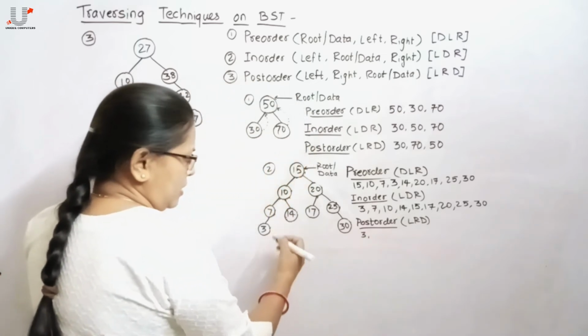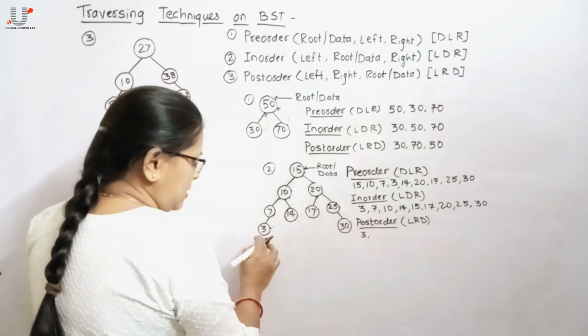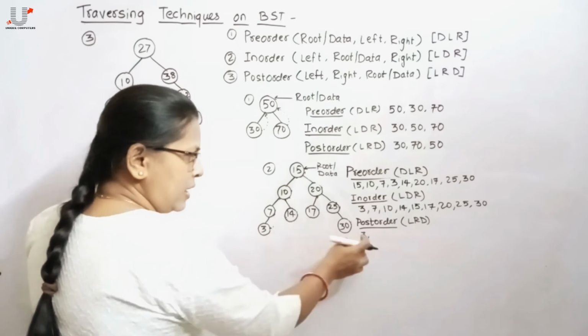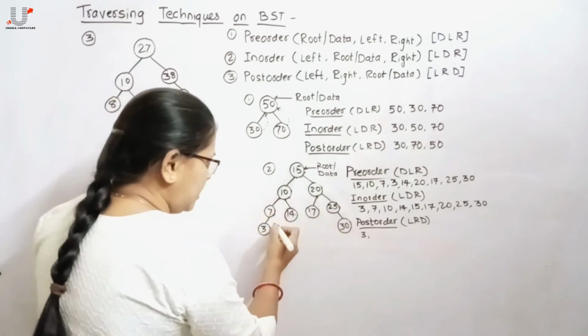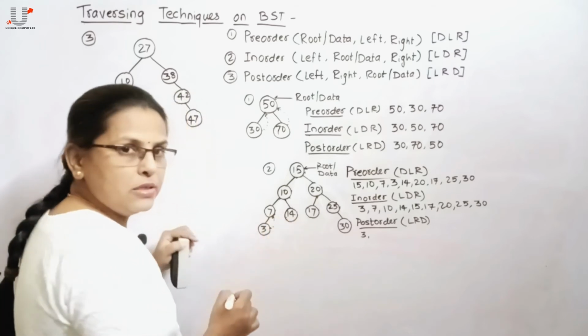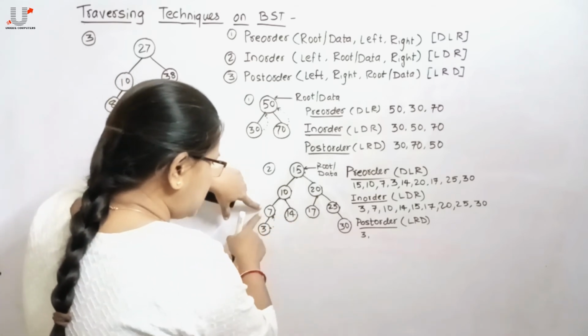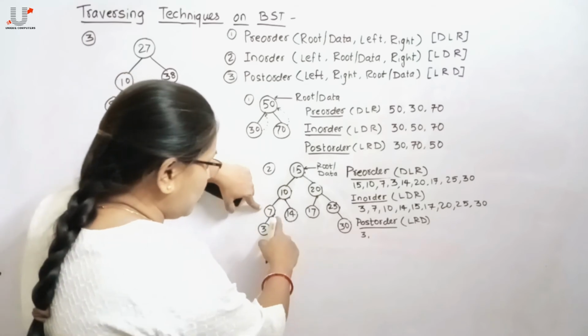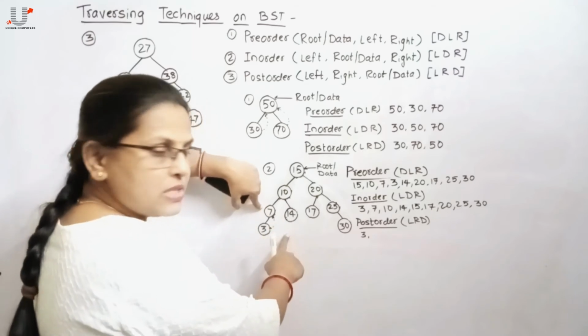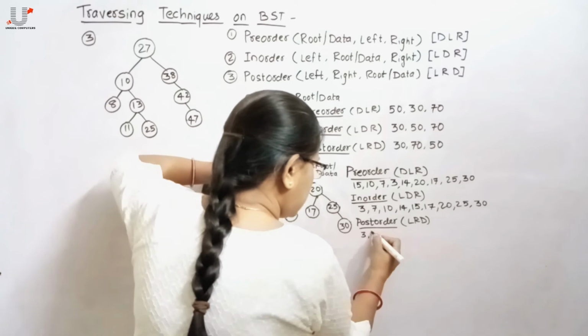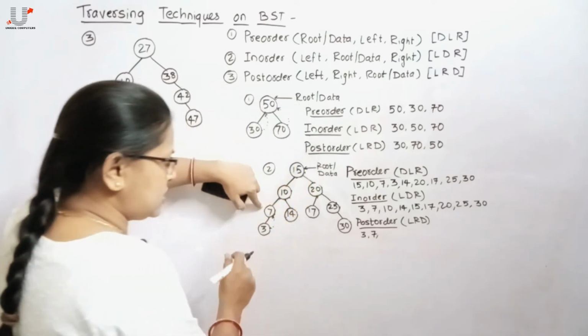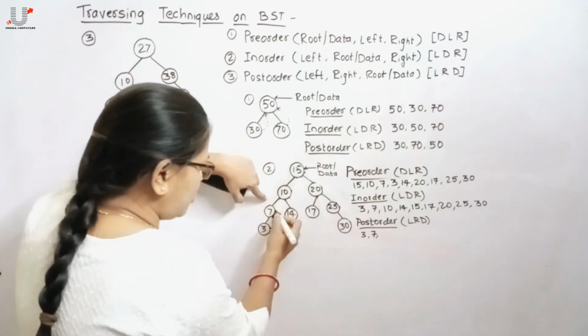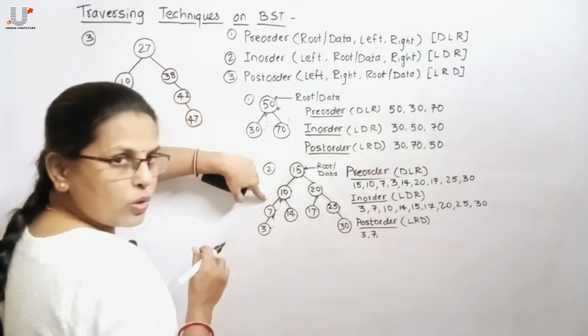Then as left and right are not present and 3 has already been displayed, the control will transfer to its parent. For this 7, as left has already been processed and no right subtree is present, 7, that means data itself, gets processed. After processing, the control will backtrack to its previous location.